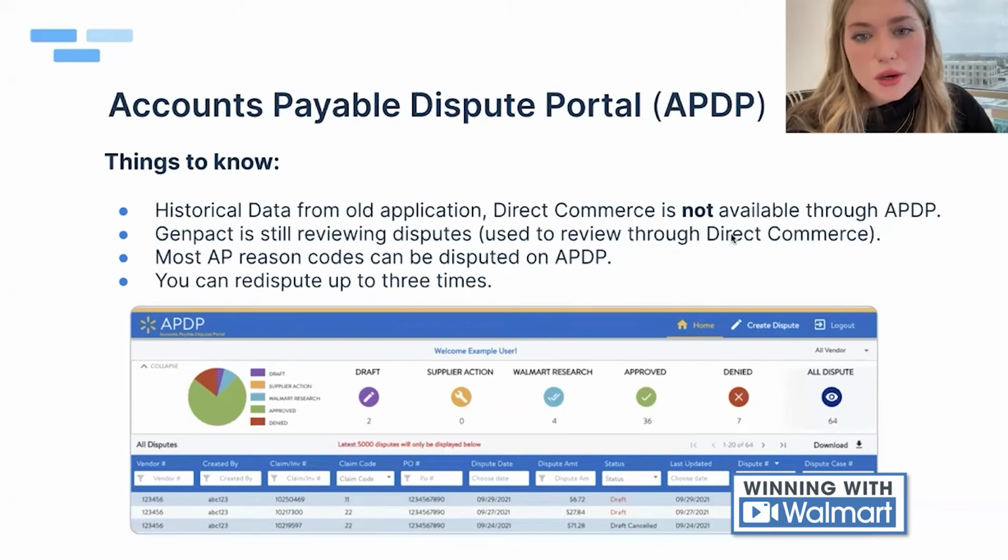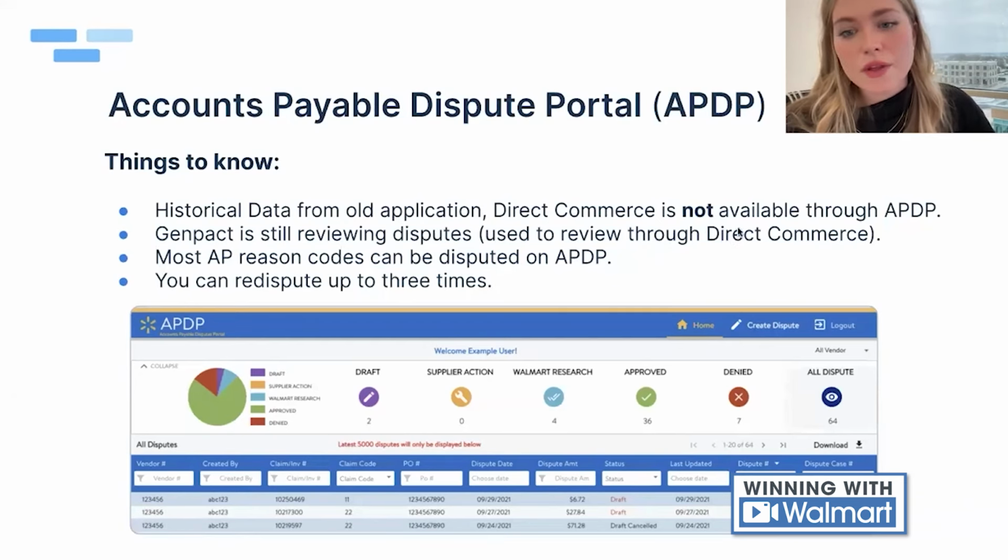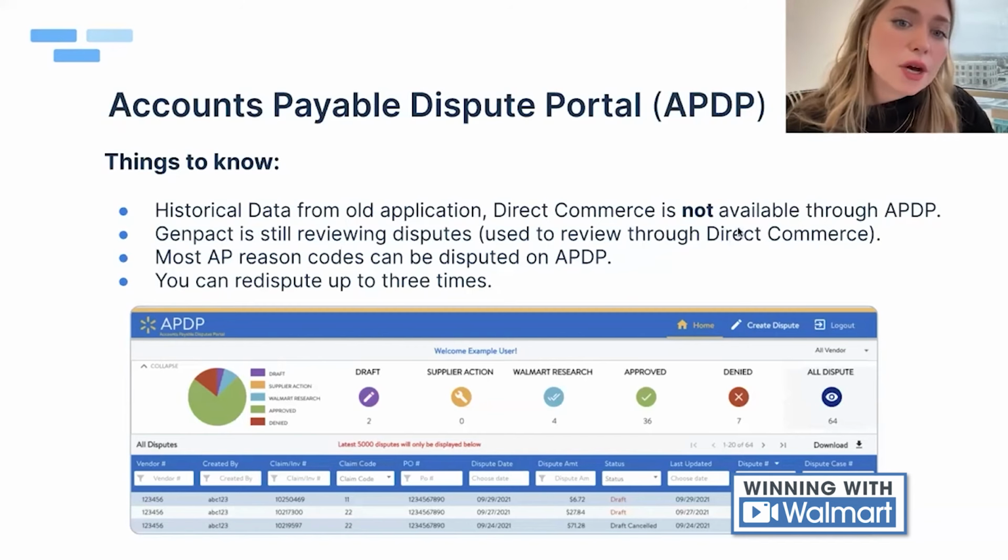Most AP reason codes can be disputed through APDP. There are just some that you may not want to dispute through APDP, even though you technically can. And you can redispute up to 3 times. Walmart gives you 3 chances to dispute something. After 3 times, you can't.